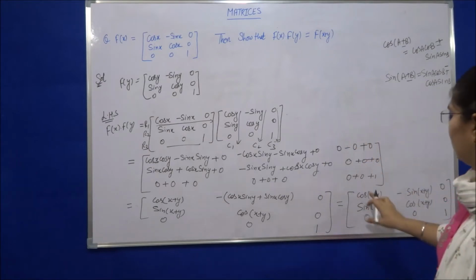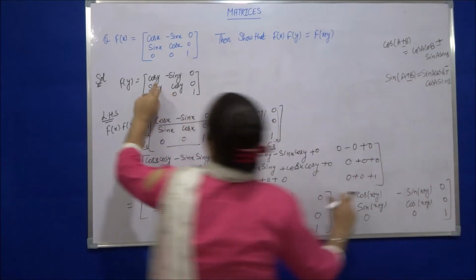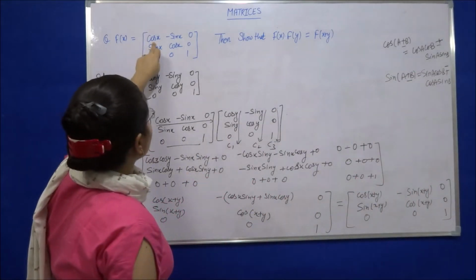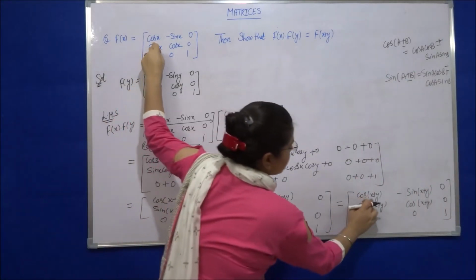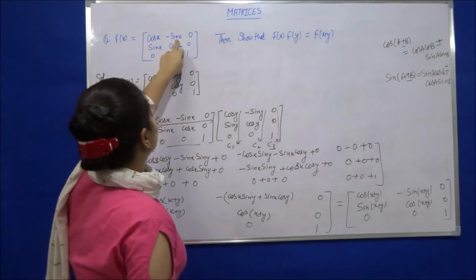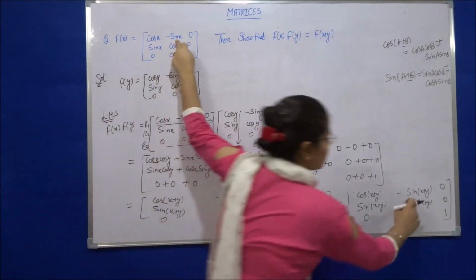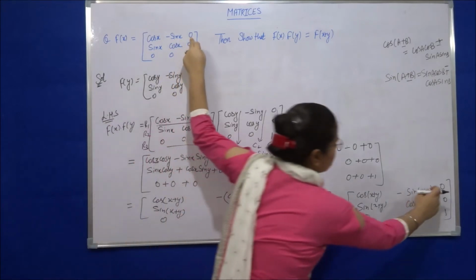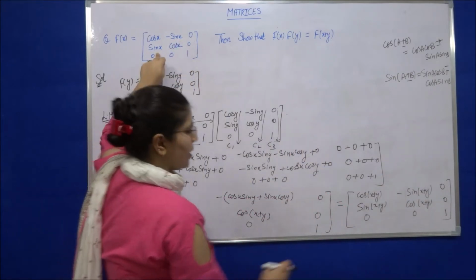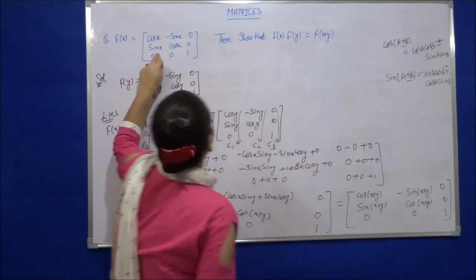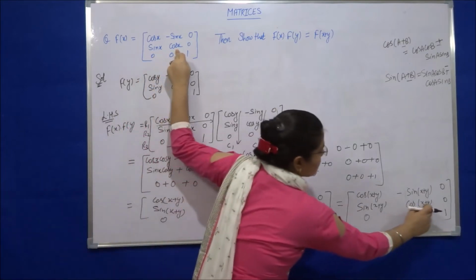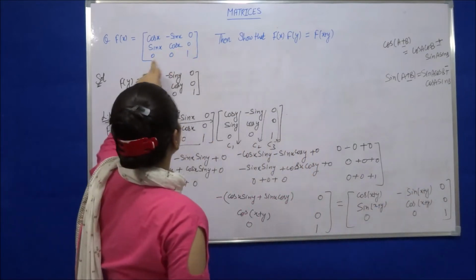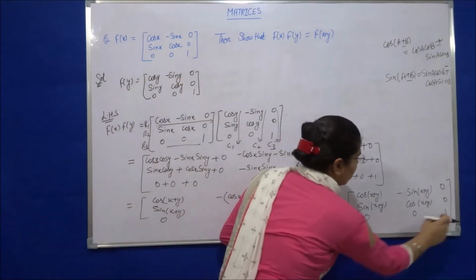Now if you notice, f of x had cos x, here it is cos of x plus y. Here it was minus sin x, here it is minus sin of x plus y. Here 0, 0 is present. Sin x is now sin of x plus y, cos x is cos of x plus y, then 0, 0, 0, 0, 1.